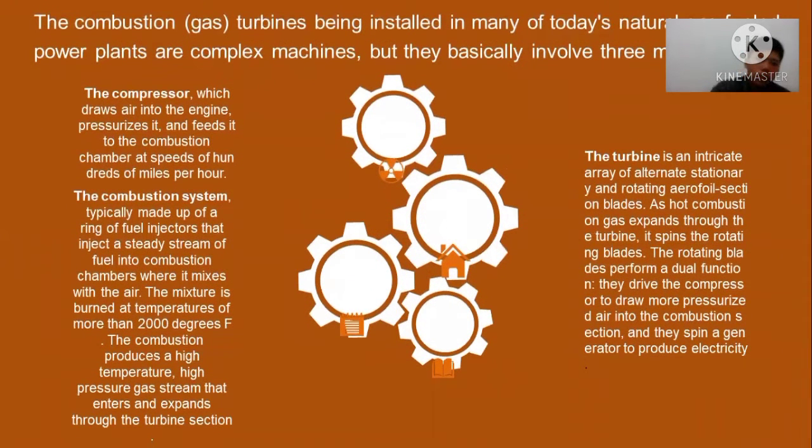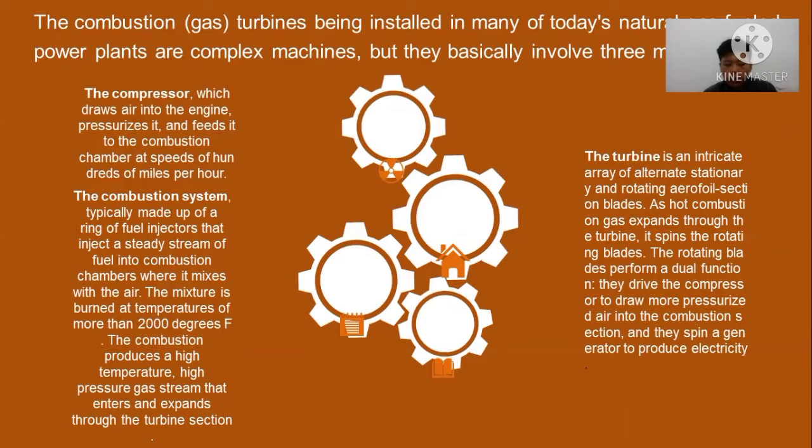The combustion gas turbines installed in many of today's natural gas power plants are complex machines, but they basically involve three main sections. First, the compressor, which draws air into the engine, pressurizes it and feeds it to the combustion chamber at high speed.